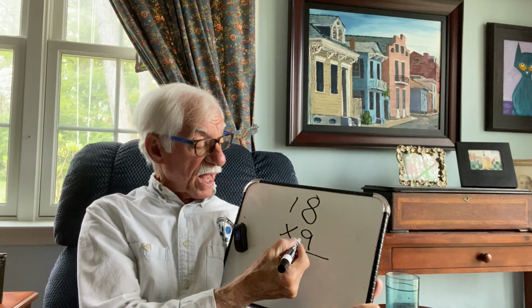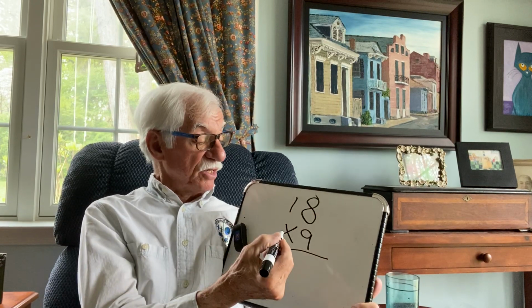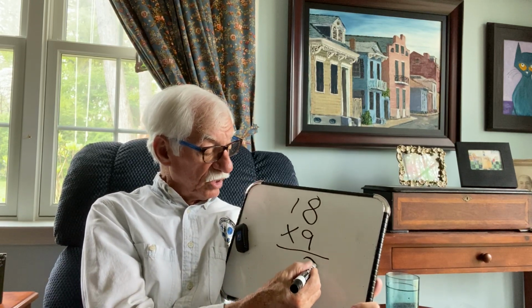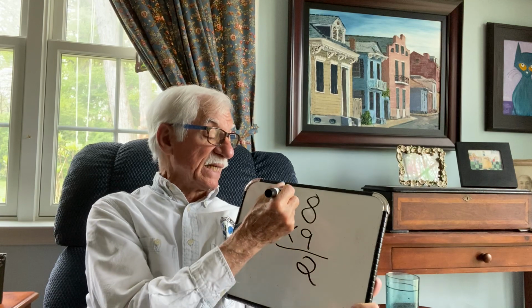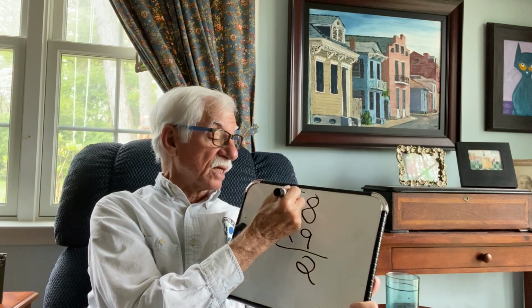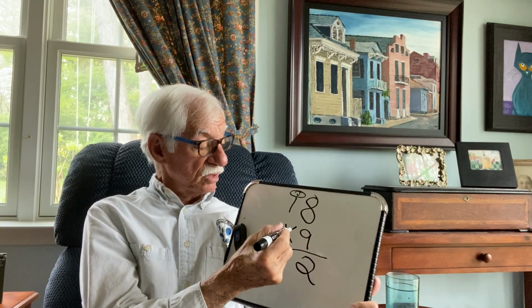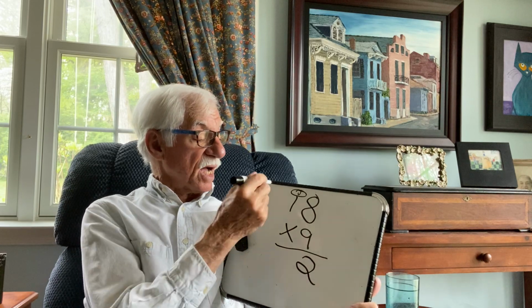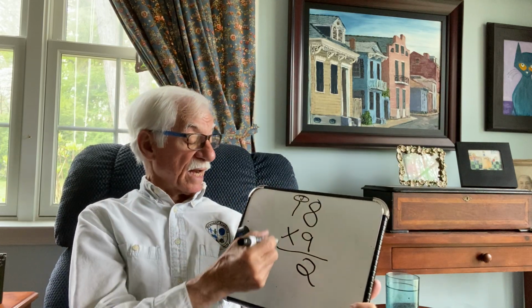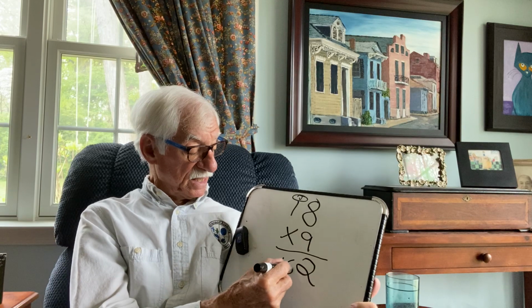So now if I multiply 9 units times 8 units, I get 72 units. 70 units is 7 tens. That's my notation. 1 ten taken 9 times is 9, and I already had 7, so that's 16.